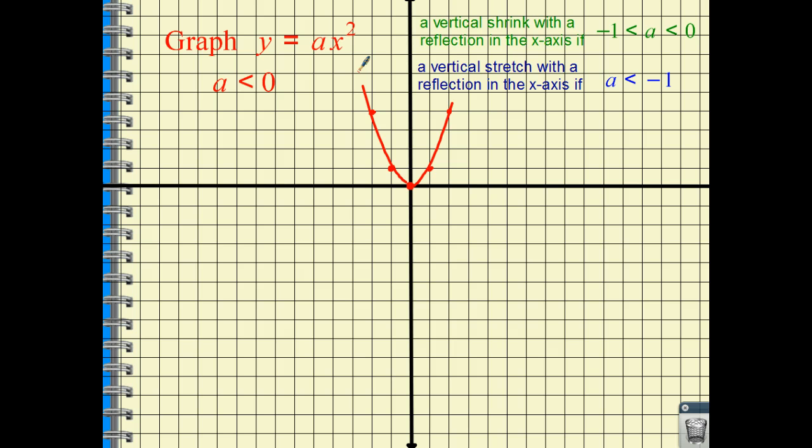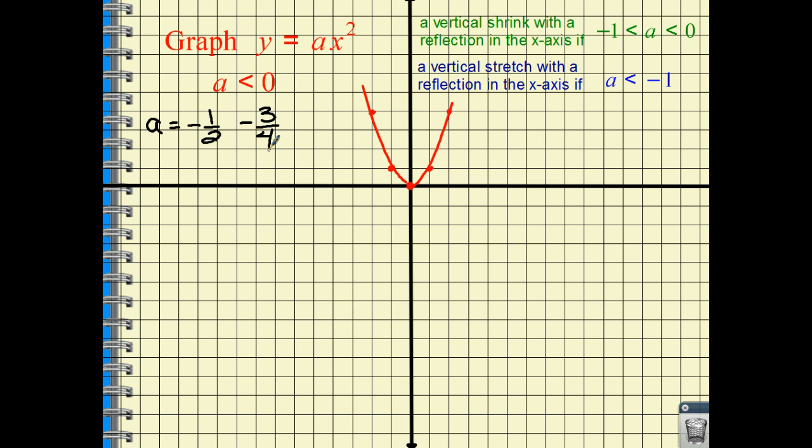If I am looking at the green one now, a shrink is the same idea. It has to be a negative fraction. So we're looking at fractions such as A is equal to, I don't know, -1/2, maybe -3/4.